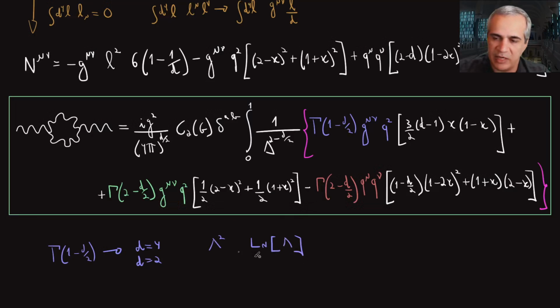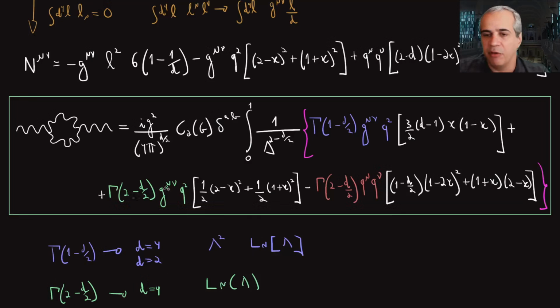It has both quadratic and logarithmic divergences. While these, which appear both here and here, only have poles in d equal 4, which indicates to me that this is the equivalent of a log divergence.